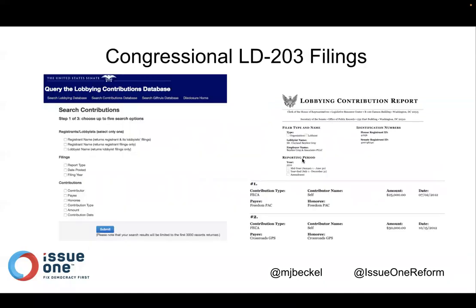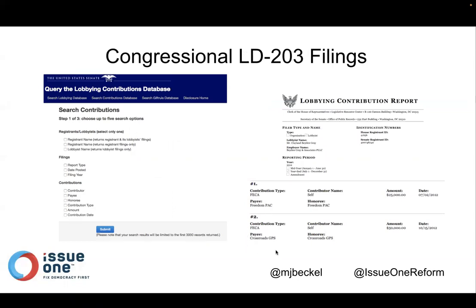As I mentioned, all registered federal lobbyists have to report their political contributions twice a year to Congress. These are known as LD-203 filings. And again, sometimes you're lucky, and when you type in the name of a dark money group that you are interested in as the payee or honoree is the name of this filing.